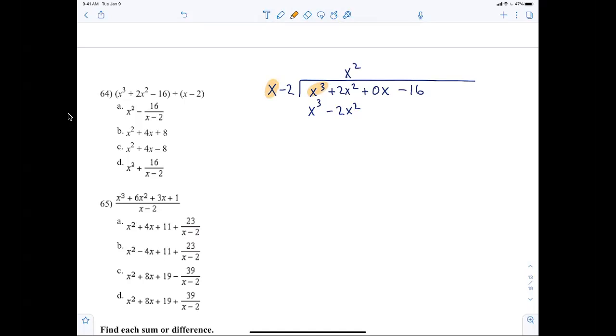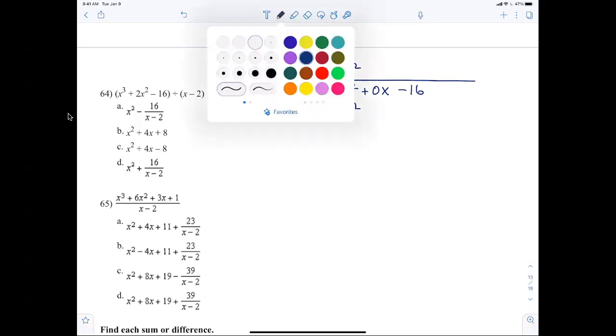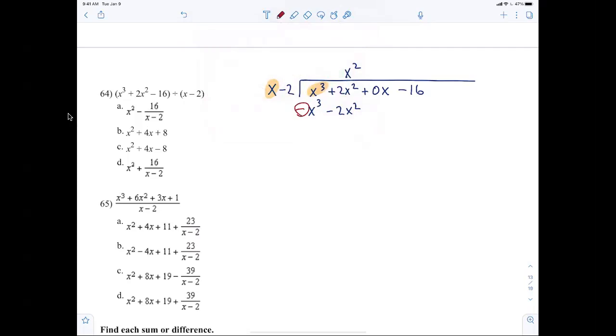All right. Then after you multiply, change the signs. 4x squared plus 0. Then you divide 4x squared by x, and just do 4x. And then you get 4x squared minus 8x.